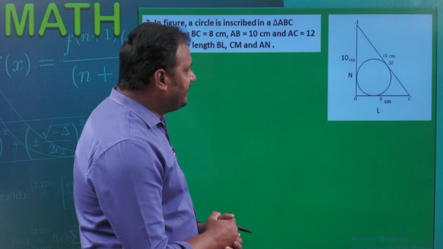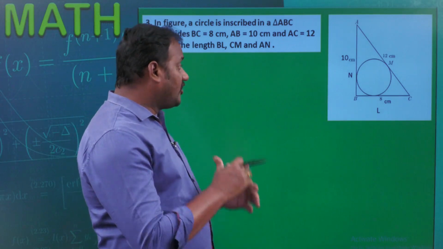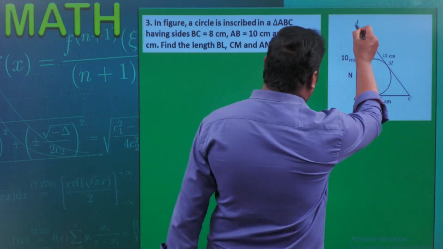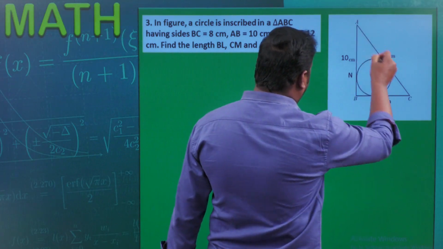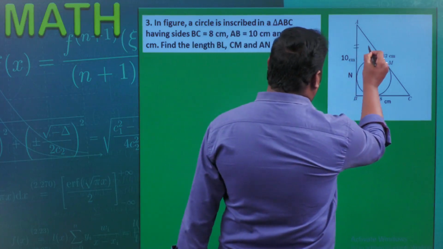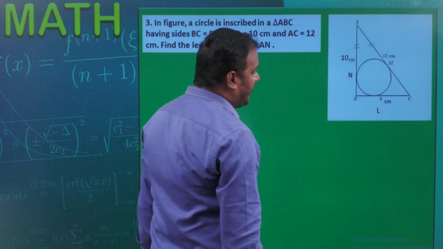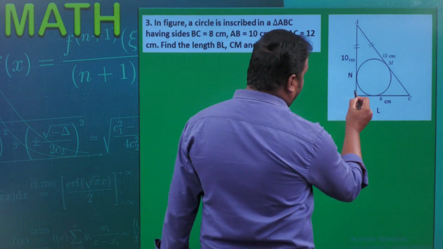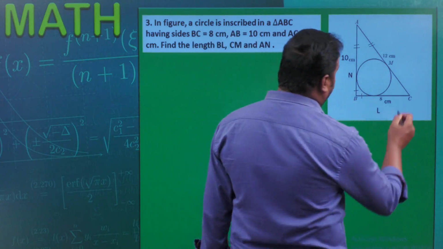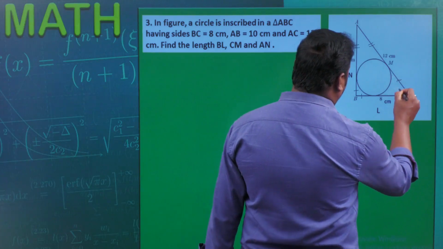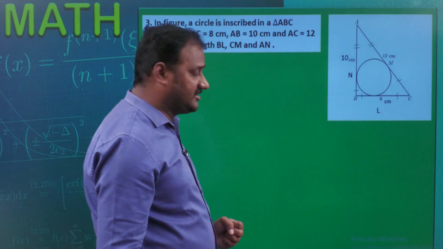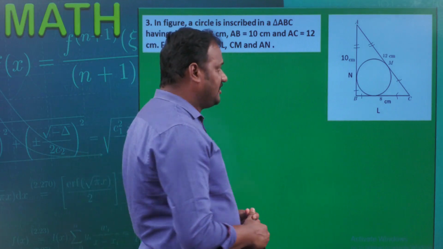So how many tangents are drawn and how many external points are there? For example, A is one external point to the circle. AN and AM are tangents. We know that AN is equal to AM. And B is another external point, BN is equal to BL. And C is an external point of the circle, CL is equal to CM. So the lengths of tangents drawn from an external point of a circle are equal.